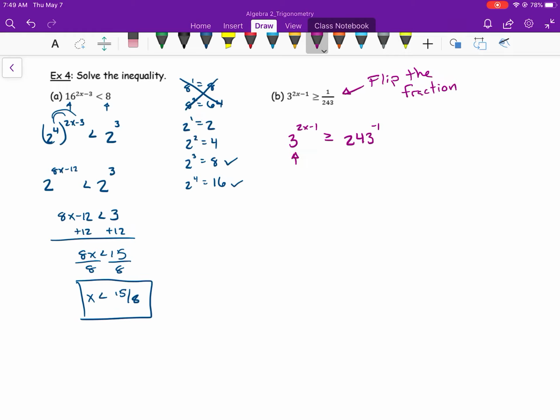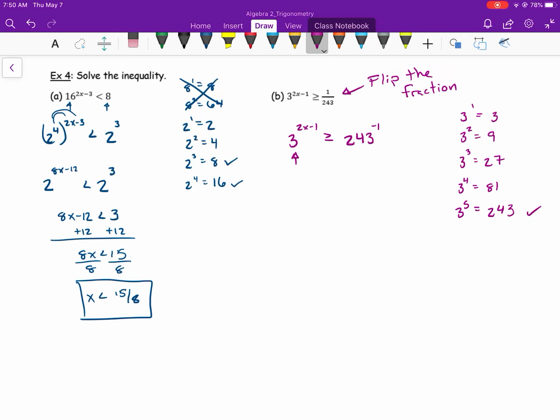So lowest base is 3, so let's do 3. 3 to the 1 is 3. 3 squared is 9. 3 cubed is 27. 3 to the 4 is 81. 3 to the 5 is 243. We got it.